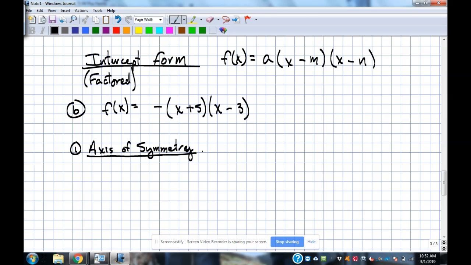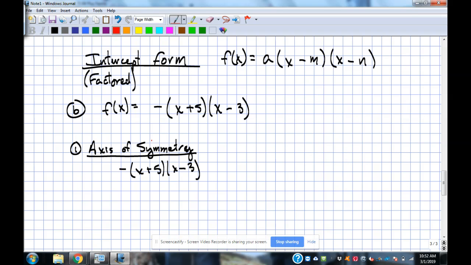Okay, because it's axis of symmetry, the method that I'm going to tell you to do, and I'm going to mention another method as well, but the one that's probably the least problematic for most of you is to just multiply this thing out: multiply out negative and then x plus 5, x minus 3.